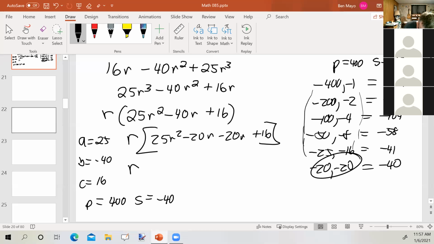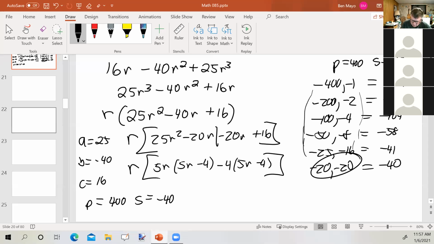So this is going to be r. And splitting it, I'm going to get 5r minus 4, 5r minus 4, and a minus 4 on the inside. So now I get r times 5r minus 4, and that's from this.